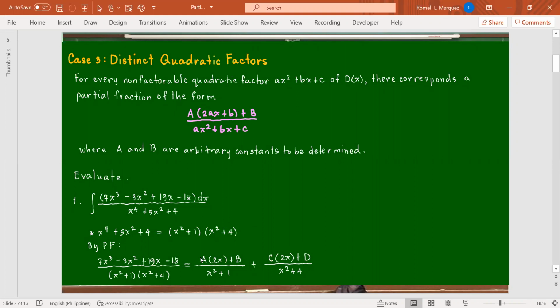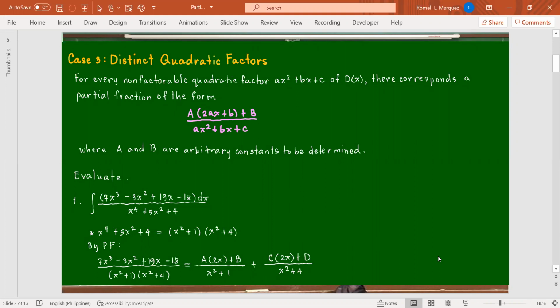So how to solve for A, B, C, and D? To solve for A, B, C, and D, the right side, when combined into a single fraction, will give us the left side. So we multiply each side by what?